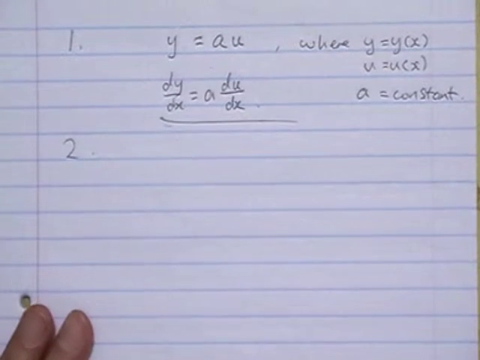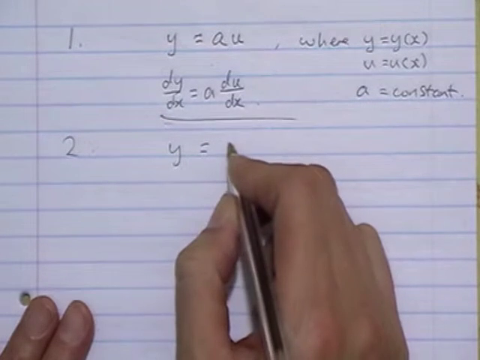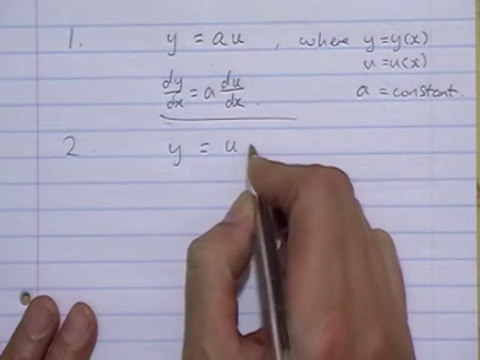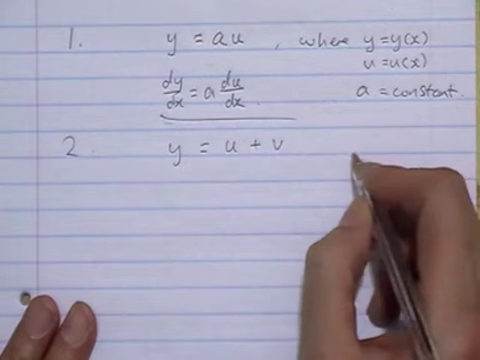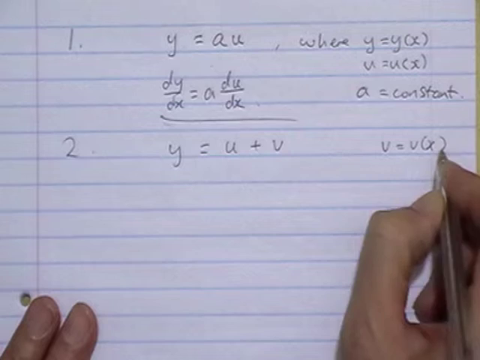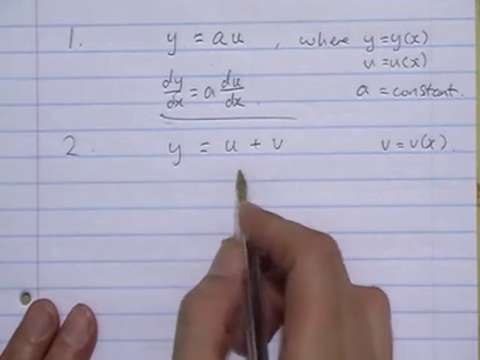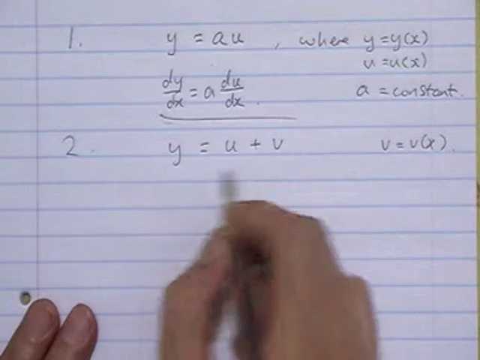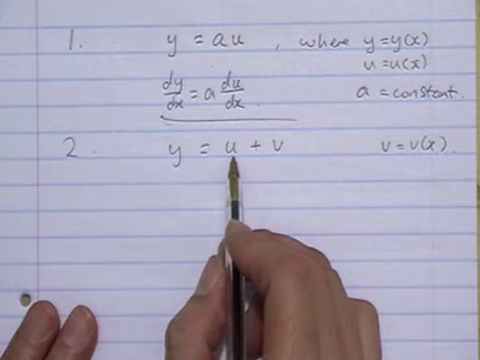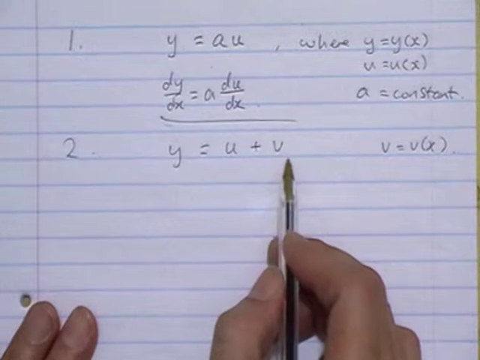The next one that I want to prove is if y is equal to a function u plus another function v, where v is another function of x. Suppose that I know how to find du dx and dv dx separately.